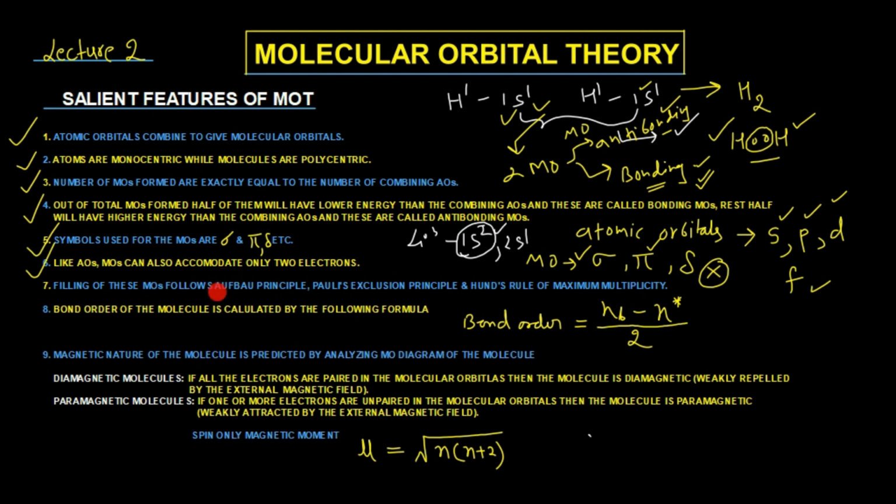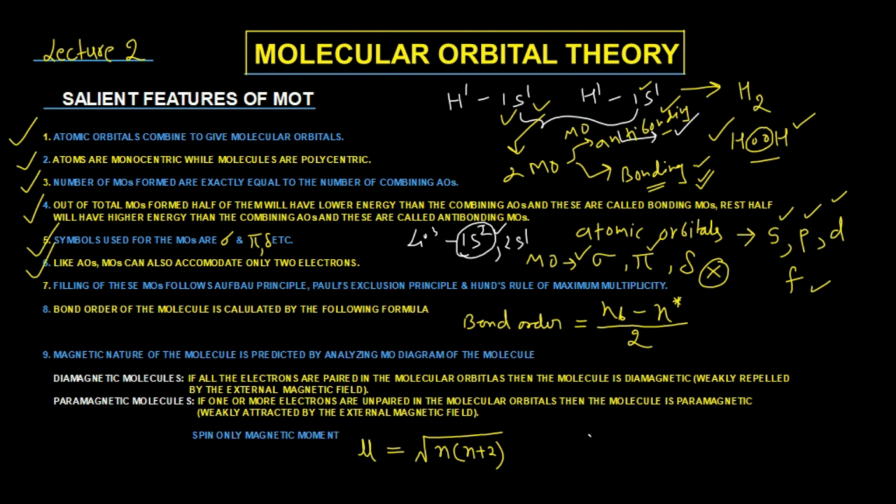Aufbau is the German term for building up. According to the Aufbau principle, the atomic orbital which has lower energy will be filled first. So here again in molecular orbitals, the lower energy molecular orbital will be filled first, and it will also follow Pauli's exclusion principle.